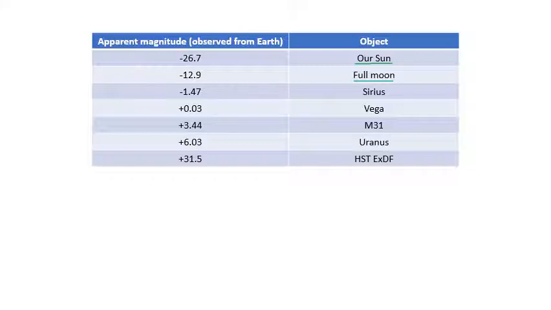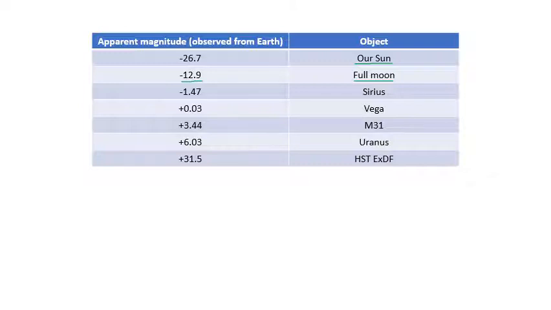I often have to put a filter to cut out some of the light when I look at the moon in a telescope, otherwise it looks too bright and hurts my eye. Depends on what telescope I'm using, but if I'm using a big 8-inch Schmidt-Cassegrain telescope, then it can be pretty bright, and so I use a little filter to cut out the light. That's at minus 12.9 on the scale.